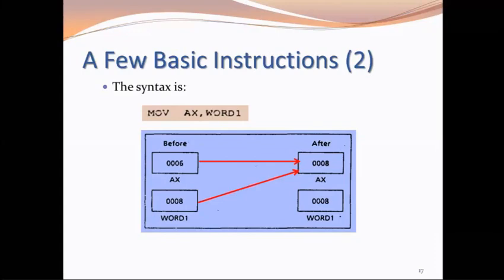Is that clear? Okay, sir. Sir, what about the value of register 0006? What happened? It will be replaced, whatever value is updating, because definitely the register has a value. The new value for the register is going to be 008.